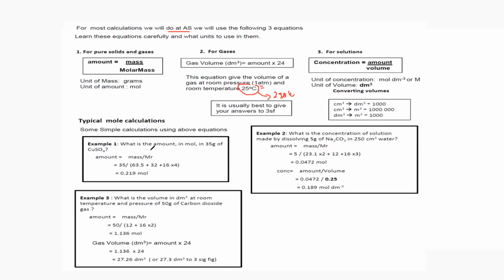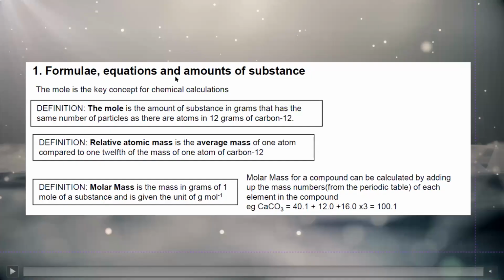The first example: what is the amount in mole for 35 grams of copper sulfate? The mass of solid is given, so we use the first formula: moles equals mass in gram divided by molar mass. The mass in gram is 35. What about the molar mass? We have to check the periodic table. Copper sulfate is CuSO4.